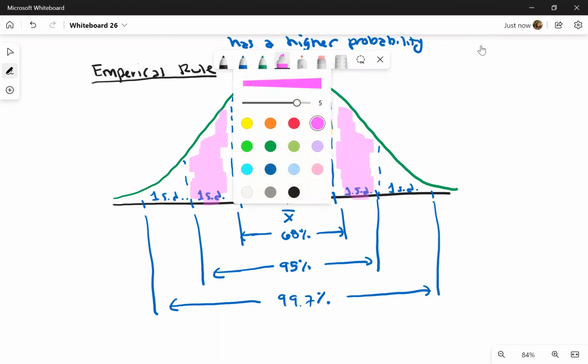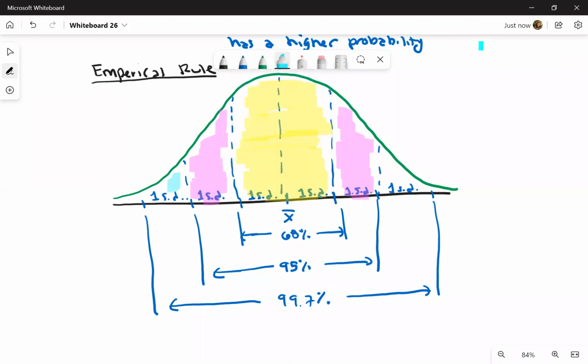And then here, let me do one more color. What do you think? Maybe a light blue. Oh, here, aquamarine, why not? Okay. And then the next one would be the 99.7%, 3 standard deviations away. Okay. There's a much better picture in the book. And that's what the empirical rule tells us.